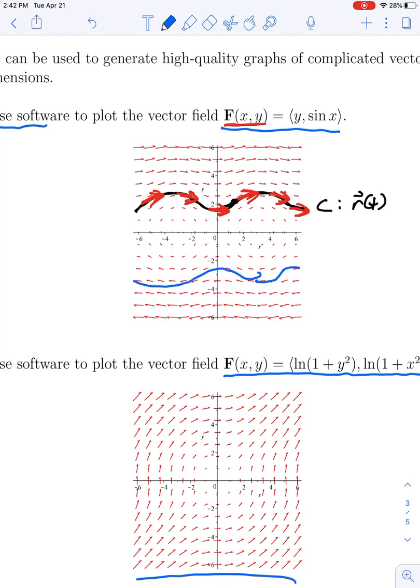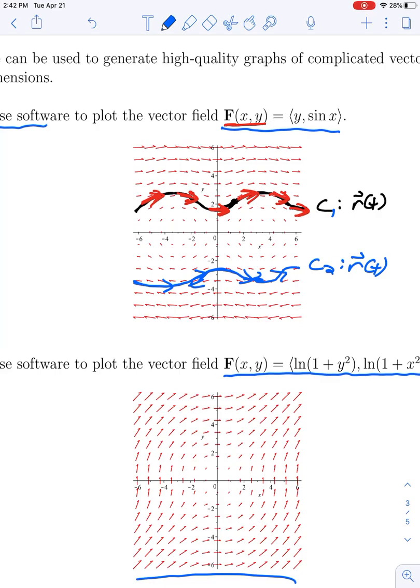So let's say I had a curve that looks something like this. I'm traversing my curve in this direction. Let's call this maybe C1 and C2. This second curve is moving in a direction opposite of the direction of the arrows for my vector field. So it would have a negative value in this case.